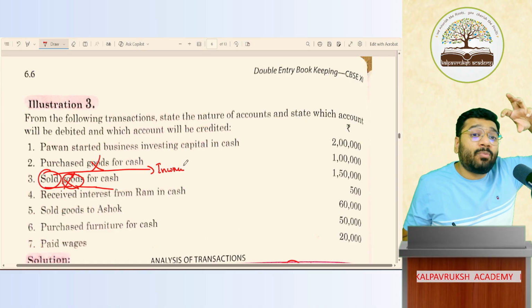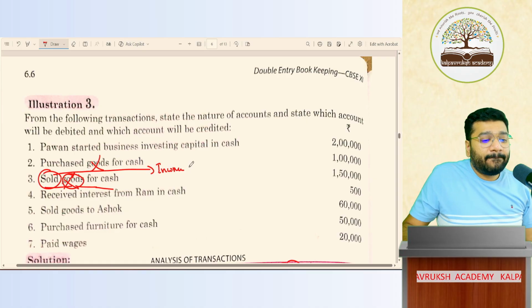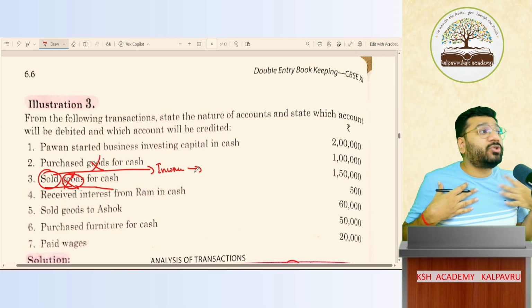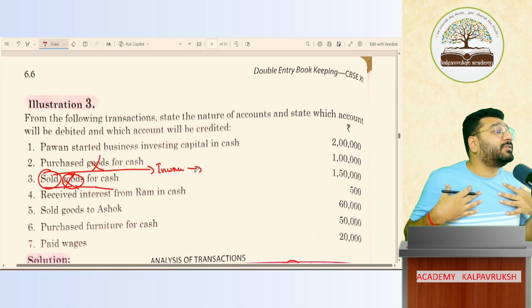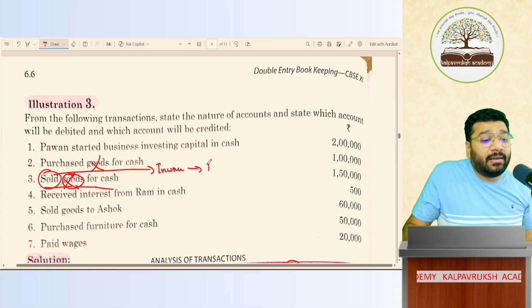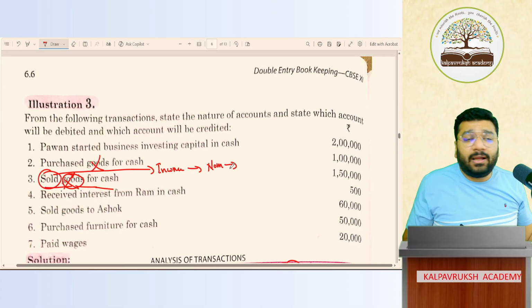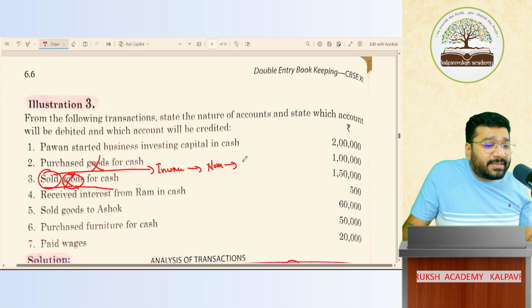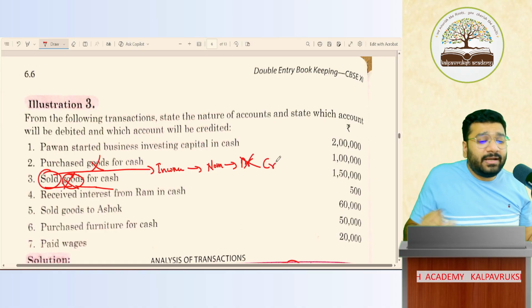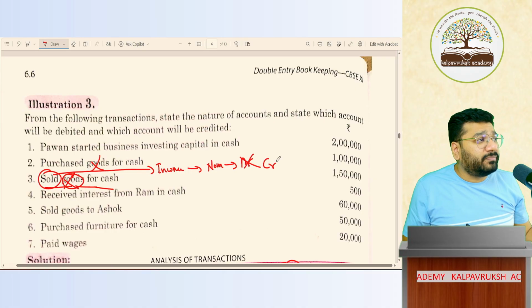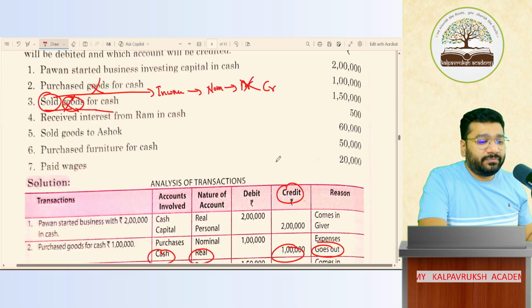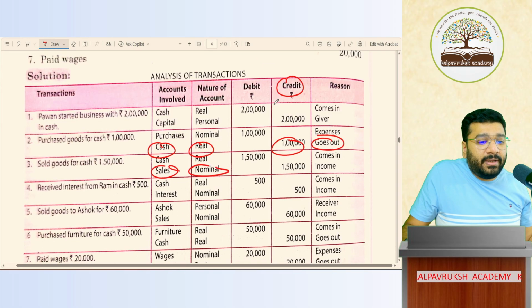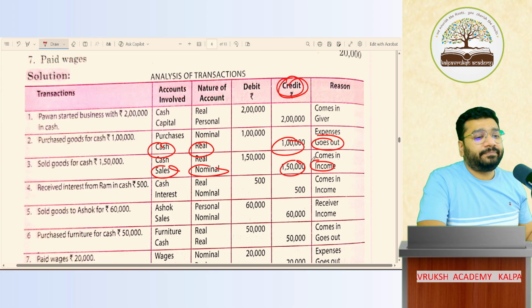All the income will go to which house? Nominal. Very good. What is the rule of nominal account? Debit all expenses and losses, credit all income and gains. So I will credit, from the business point of view. Sale, nominal, credit, 150, income.